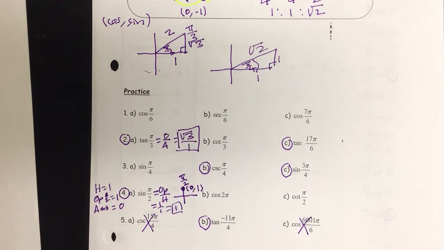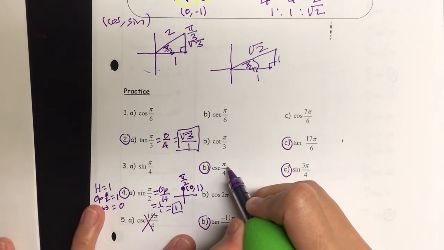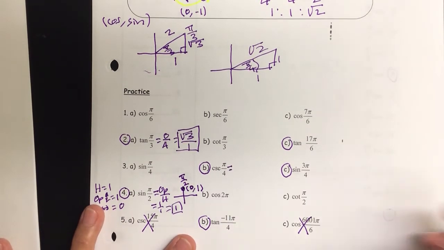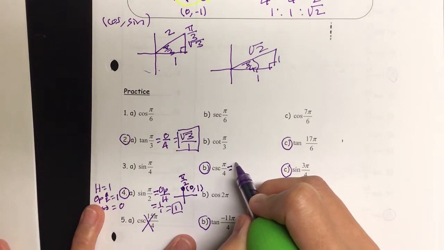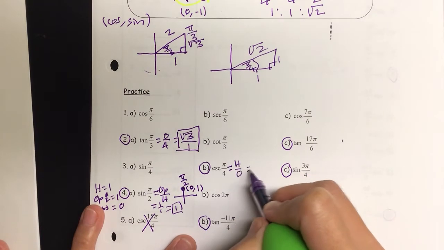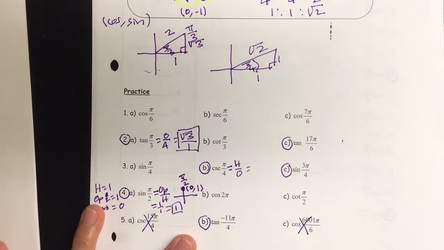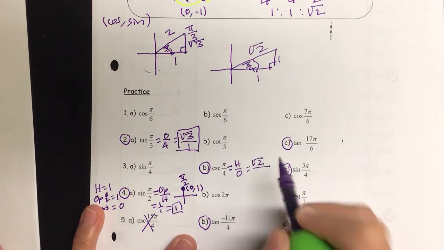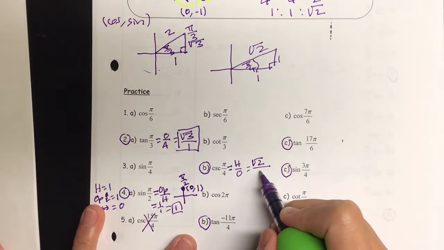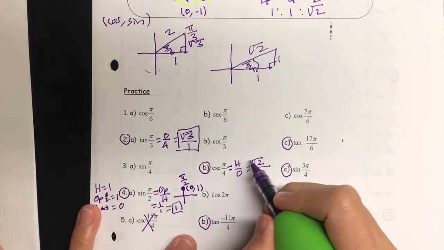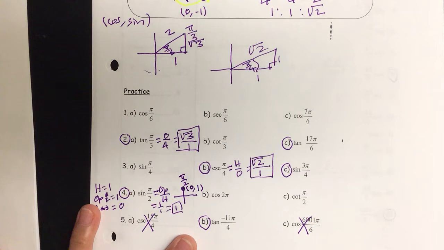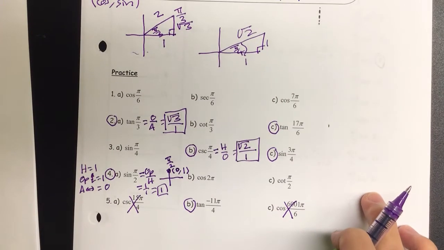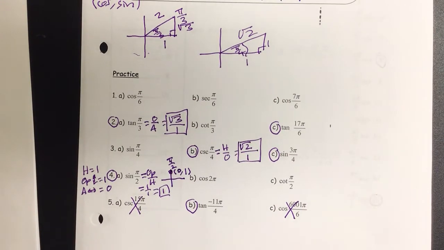Cosecant is reciprocal of who? Sine. So if it's opposite over hypotenuse, it has to be hypotenuse over the opposite. Looking at the triangle, hypotenuse is what? Square root of 2. Opposite is? 1. And done. If you want to drop the 1 on the bottom, that's okay. Everyone good with that one? Hopefully it's slowly coming back.